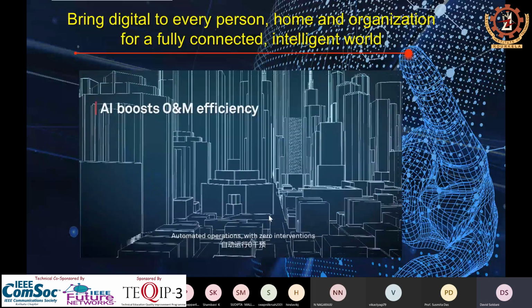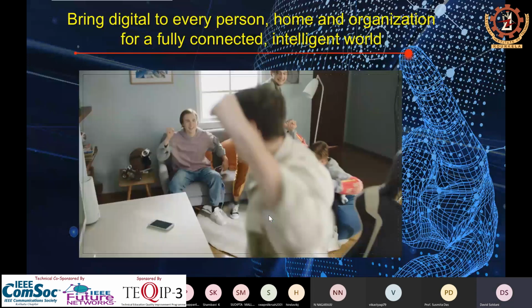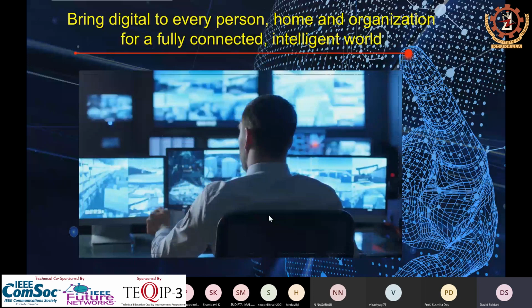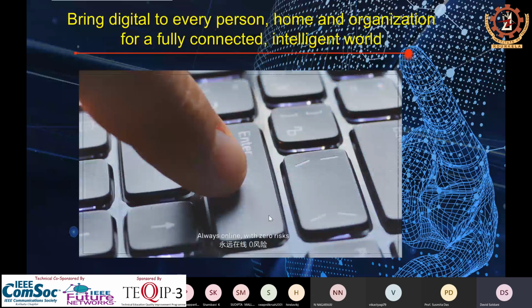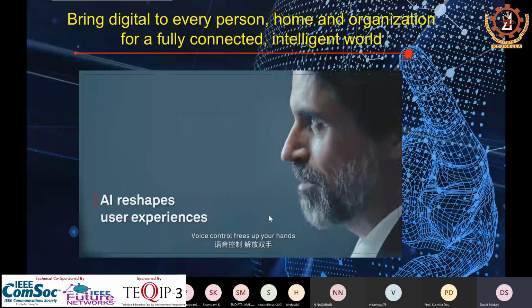Proactive maintenance with zero interruptions. Always online with zero risks. Voice control frees up your hands. Auto translation facilitates communication across language boundaries.